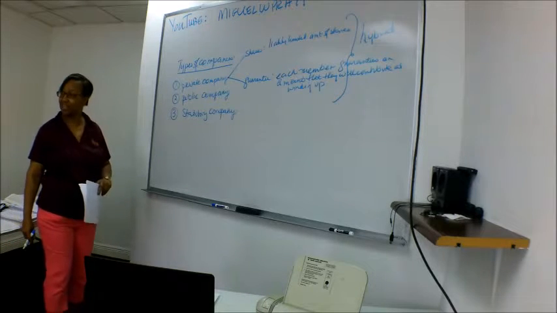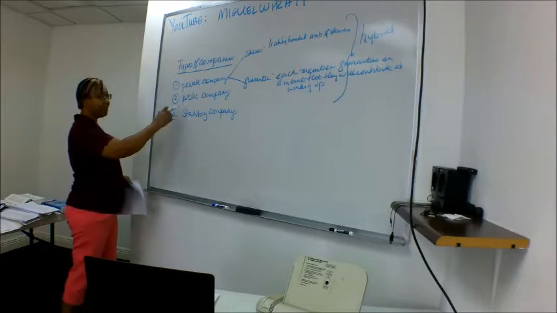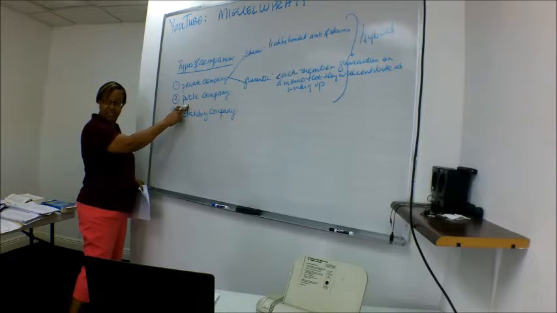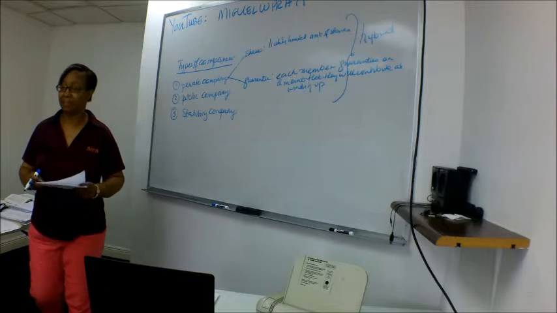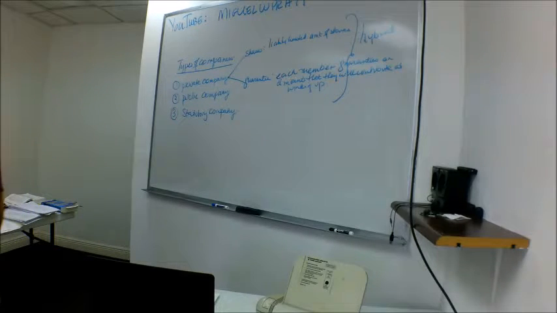Because of the shares. To be a public company, what you're offering is shares. So you can't have a guarantee here. So which type of companies would normally have guarantee only?